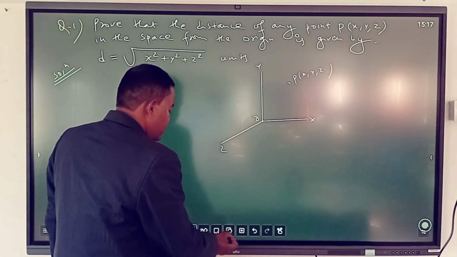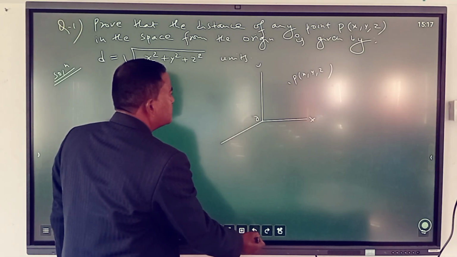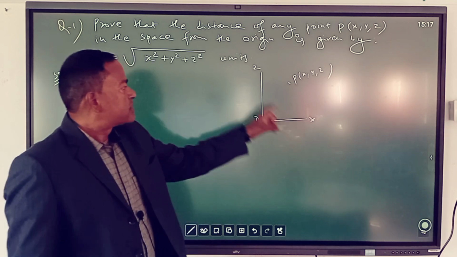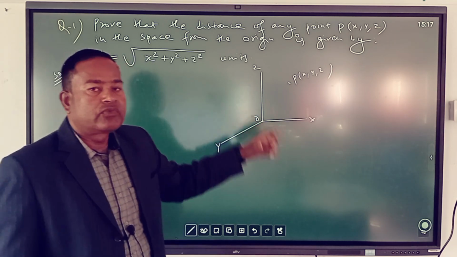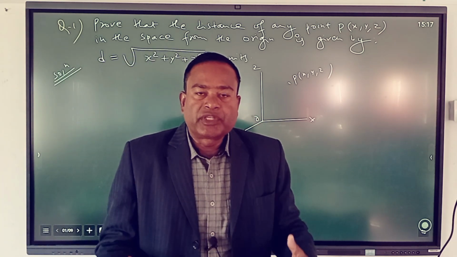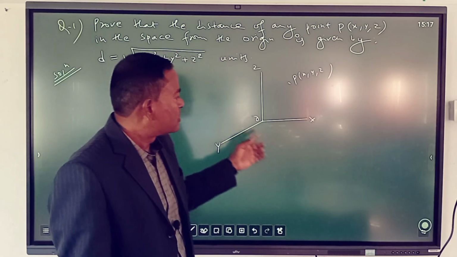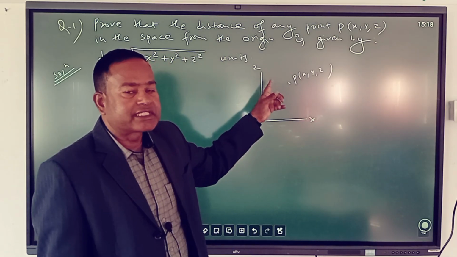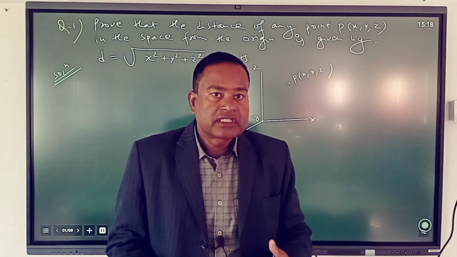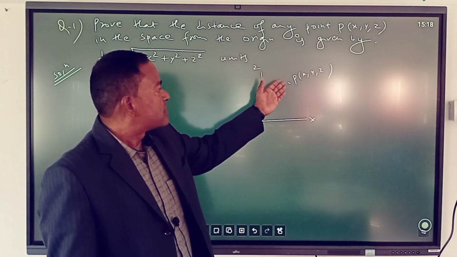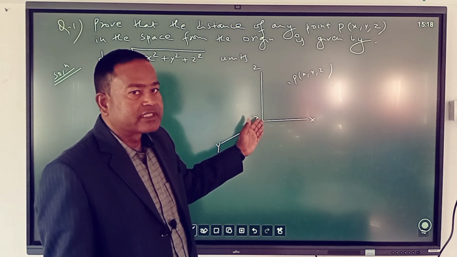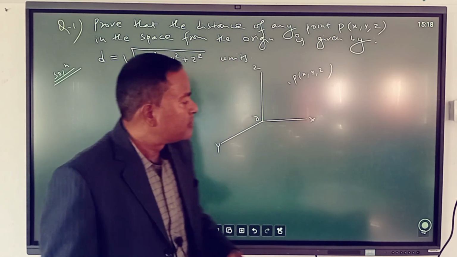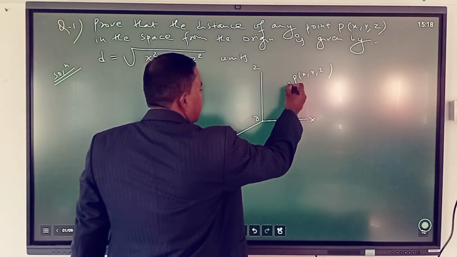Ox, Oy and Oz are three mutually perpendicular lines, also known as the x-axis, y-axis and z-axis. Now, in order to find the distance of the point P from the origin, we have to do some construction.